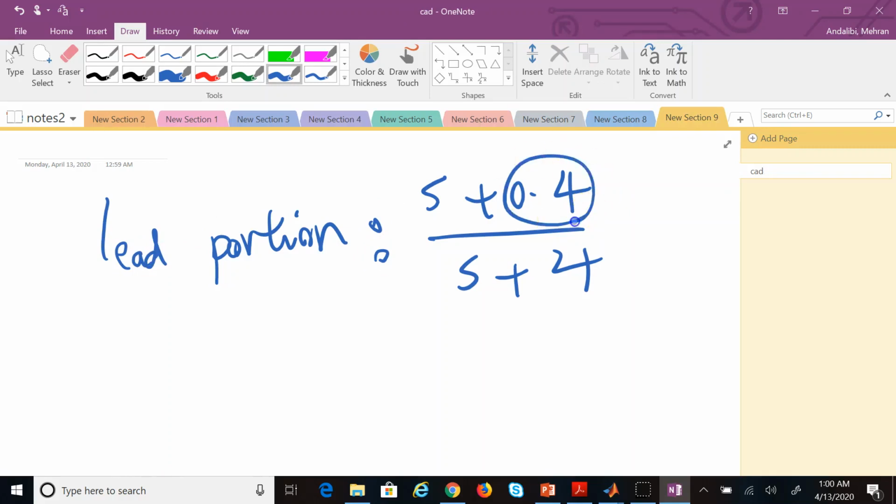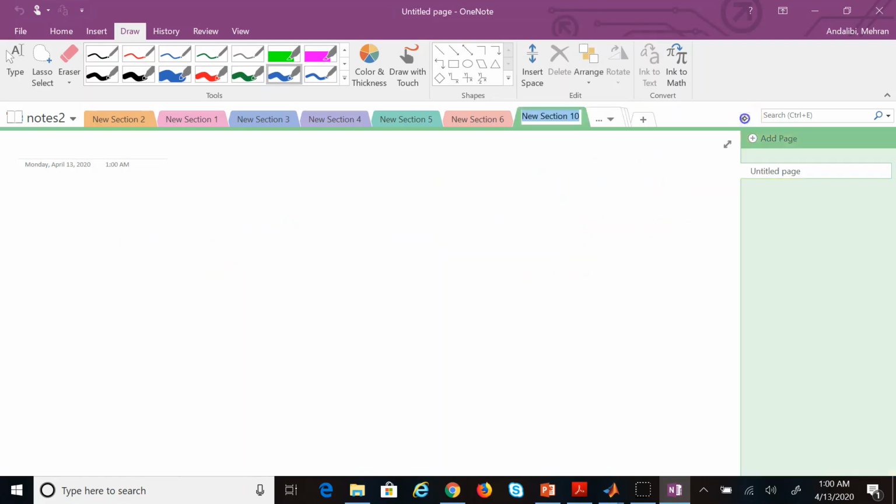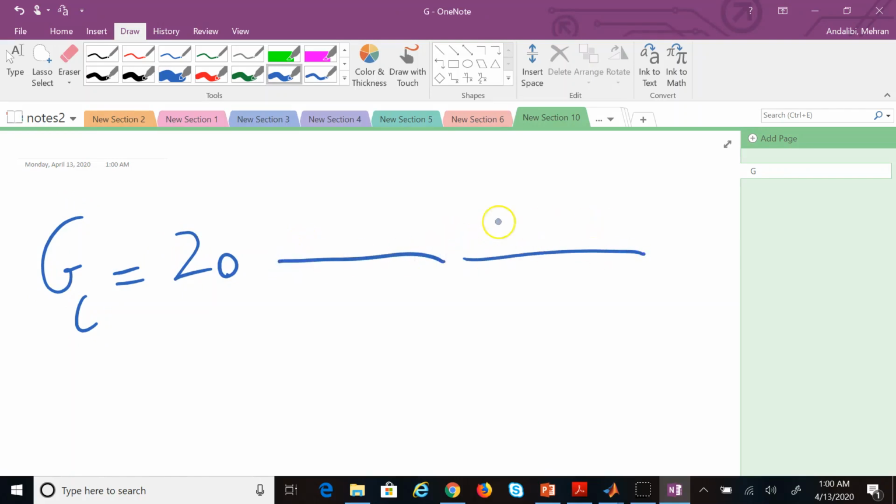And of course this number is 1 over T1, so I can find T1, but it's not needed. So now I can say that my whole lead lag compensator, GC, is the gain KC, which was 20, times the lead portion times the lag portion. And the lead portion is this, and the lag portion was this one, if you remember.